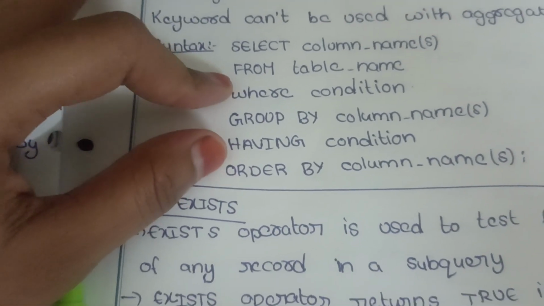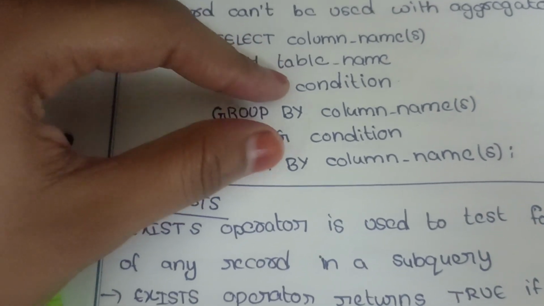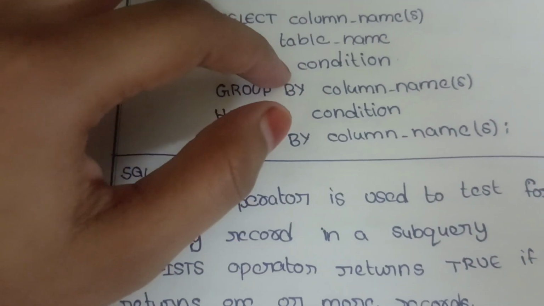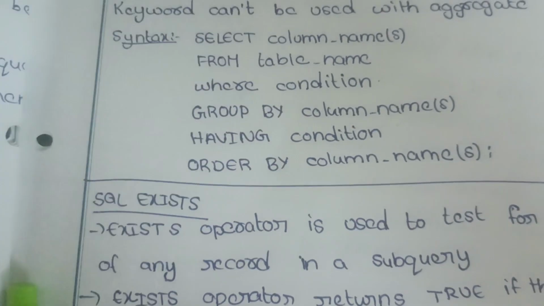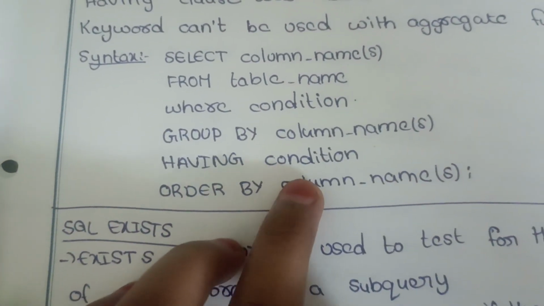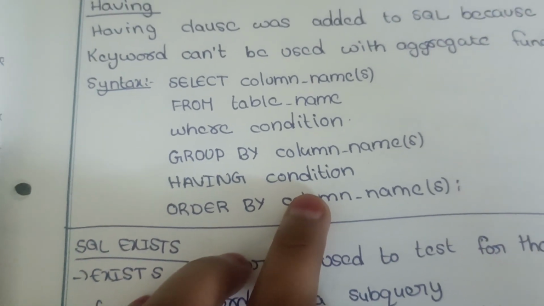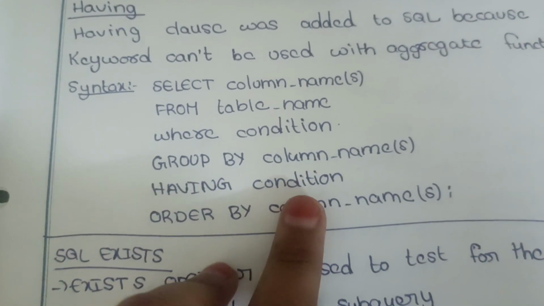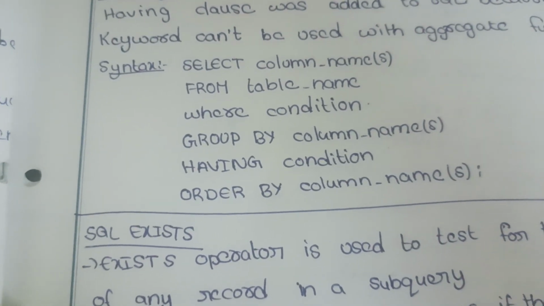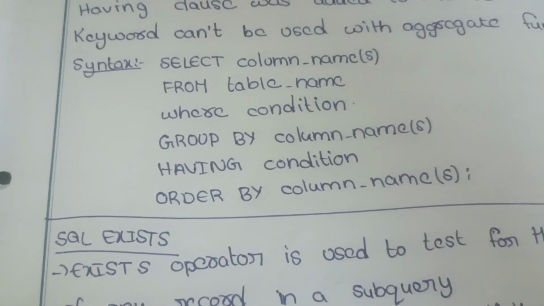Both WHERE and HAVING are used to mention conditions, and based upon the conditions, rows are filtered. But in the HAVING clause we can use aggregate functions. As we know, the aggregate functions are count, max, min, sum, and average.